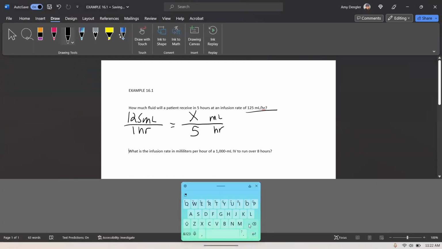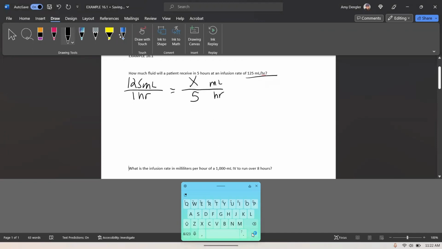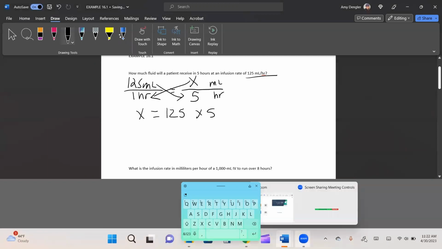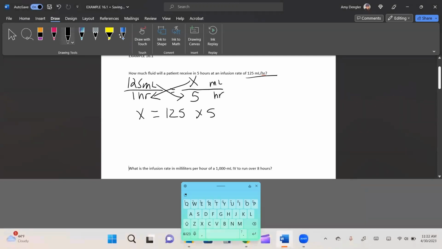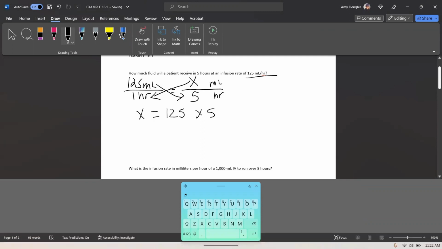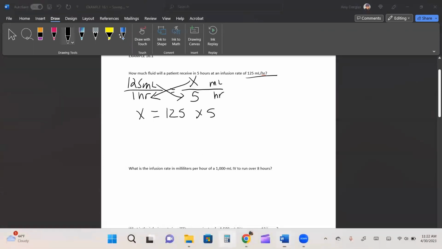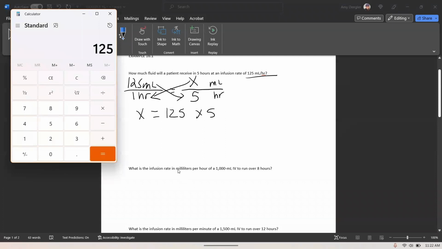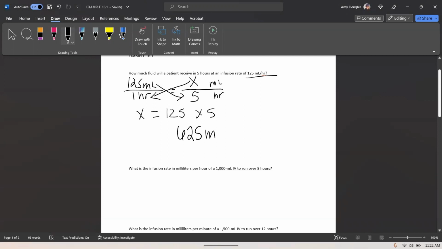So we just do our normal type of math: 1x, which is just x, is equal to 125 times 5. So the answer is 625 milliliters. They will receive 625 milliliters in 5 hours.